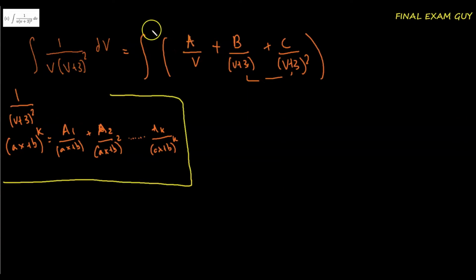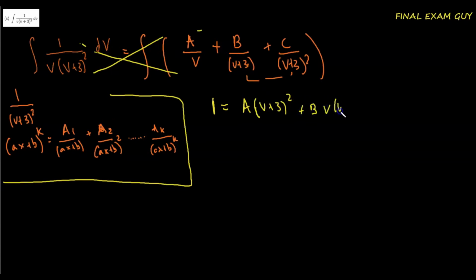So to do partial fractions, you set up an equation by cross-multiplying here. If I were to multiply all of this out, I would get 1 is equal to A times (v plus 3) squared, the v's will cancel out, plus Bv times (v plus 3) plus Cv.